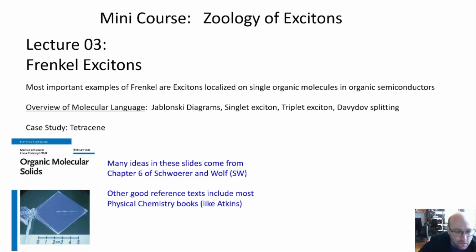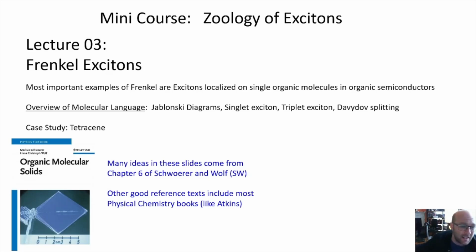So a lot of what I'm going to talk about today is coming from the book Organic Molecular Solids by Schwoerer and Wolf. So I have that here, and picture on the slide. It's a really good book. Maybe doesn't have completely up-to-date, state-of-the-art material about organic molecular solid applications, but is very good basic material.